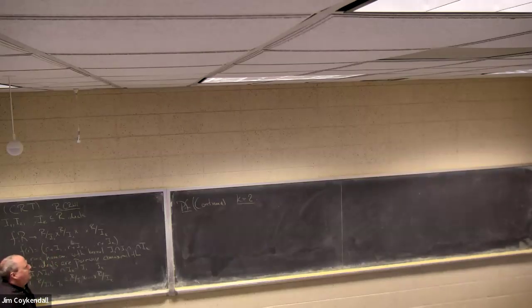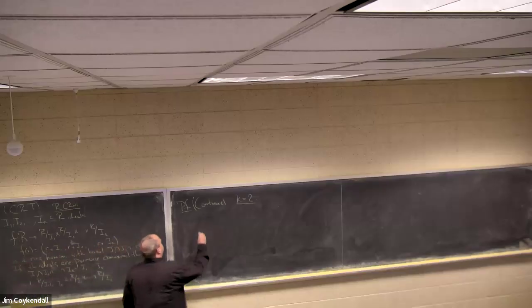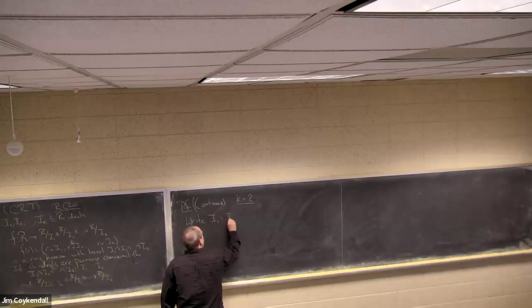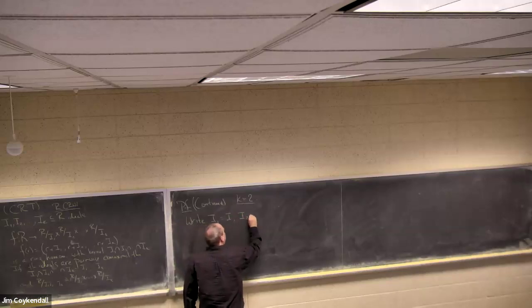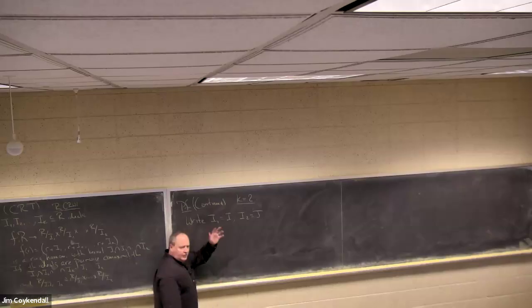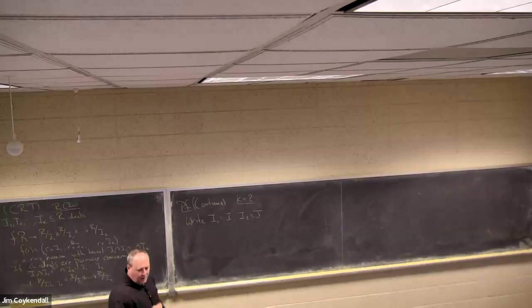So what we'll do now is look at k equals 2, just to make this a little bit easier. The case k equals 1 is just straightforward by definition. For k equals 2, we'll do this just for convenience of notation.